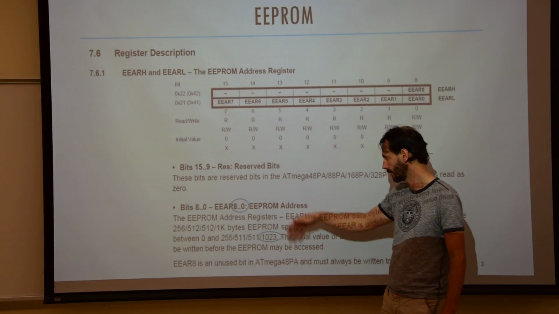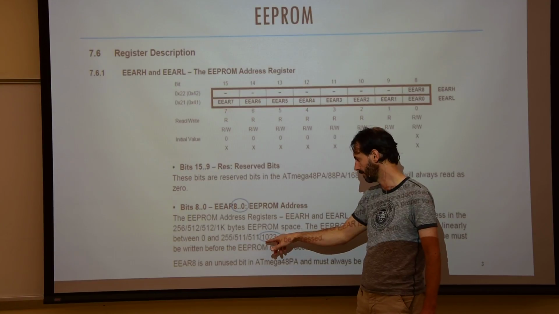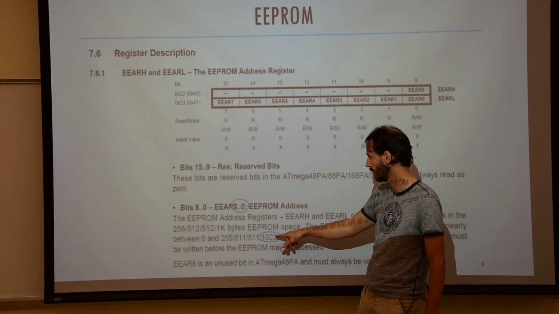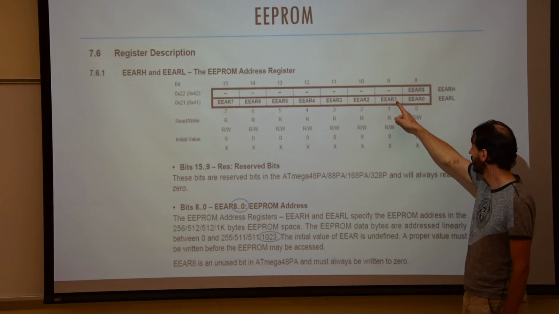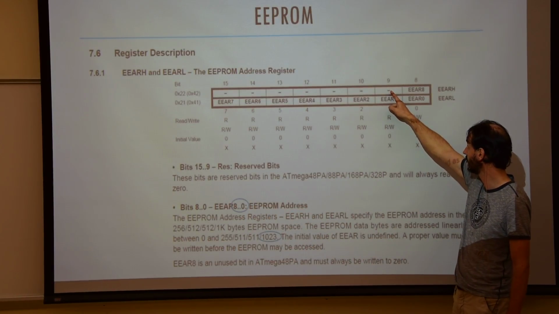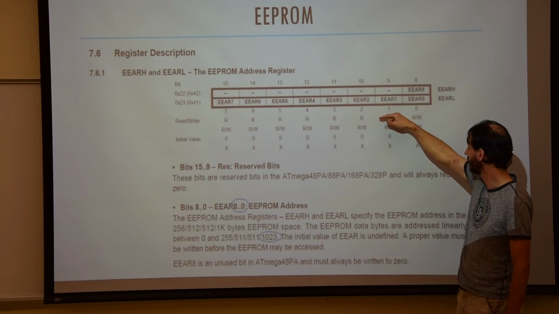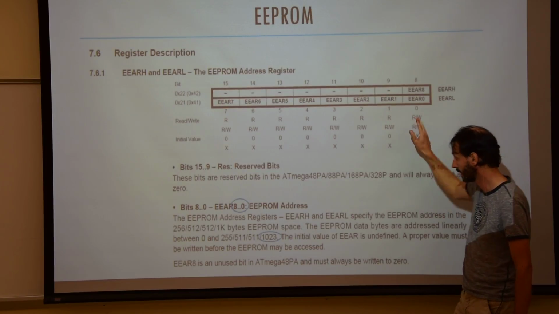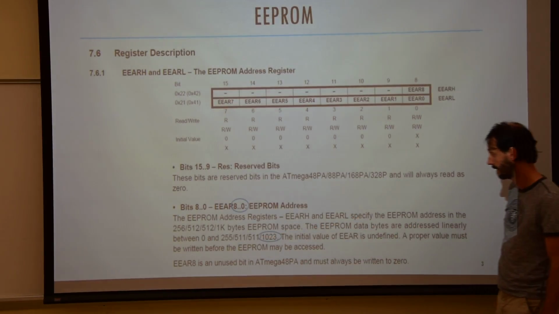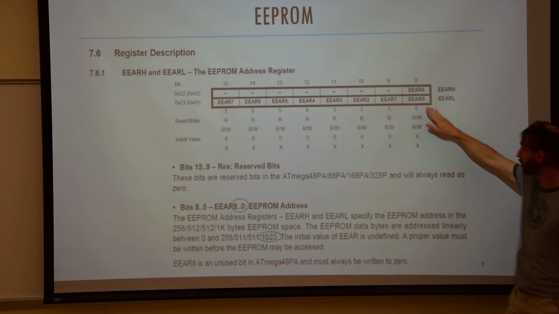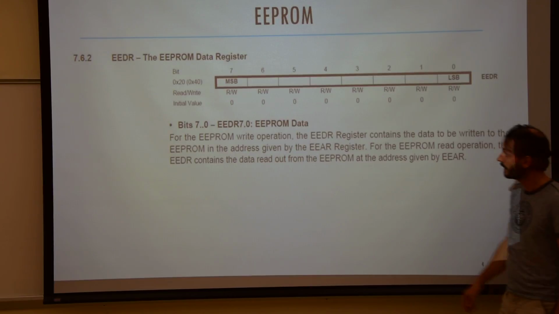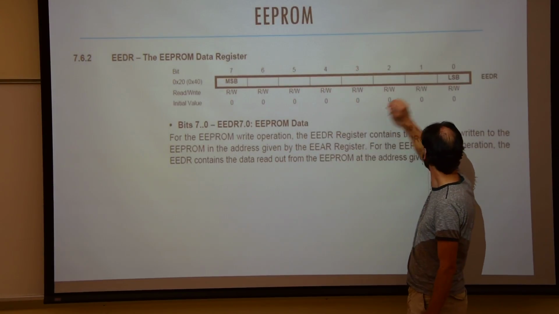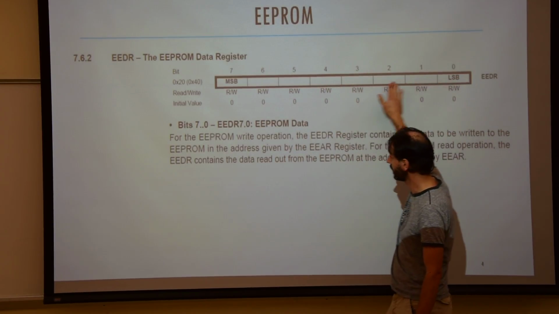In this particular data sheet, they talk about even a 10-bit address space, but that's conflicting with the 9 bits here, so I assume that this particular field has an EEAR9 available, so that you can really fill up a 10-bit address space.